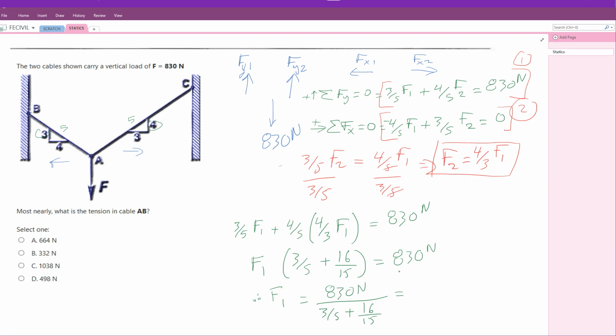You can add the fractions together, 3 over 5 plus 16 over 15, which should give you 1.666, and then take 830 divided by that 1.666. It gives me 497.999, so basically this is just 498.